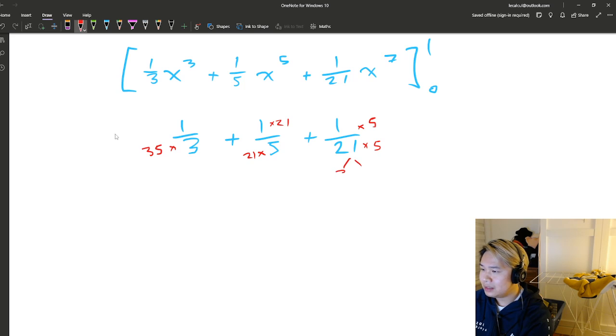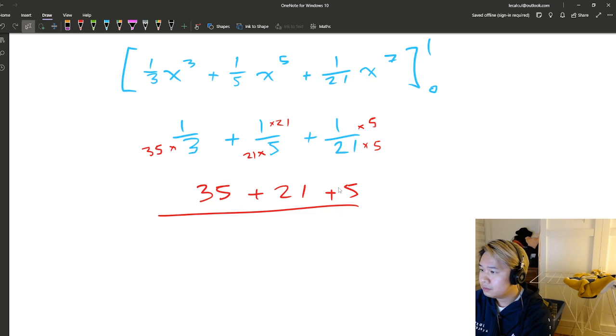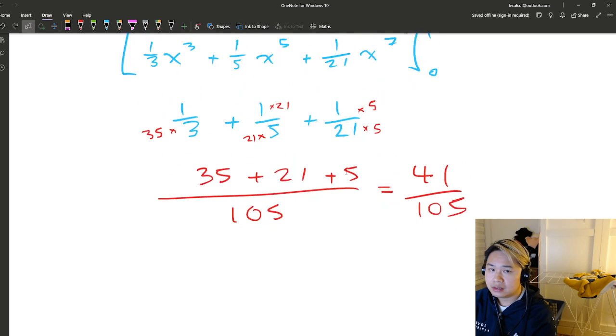Because this is basically 3 times 7. So my lowest common denominator is 3 times 7 times 5. Okay, so I'll have 35 plus 21 plus 5 over 105. So 56 plus 5, I think is 41. So there is your integral.